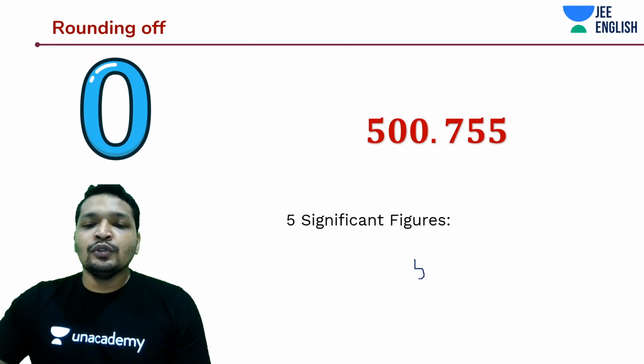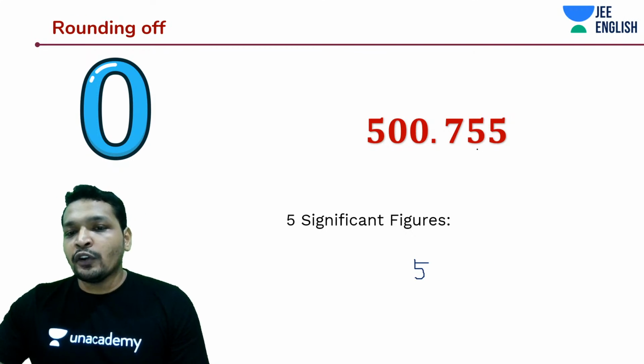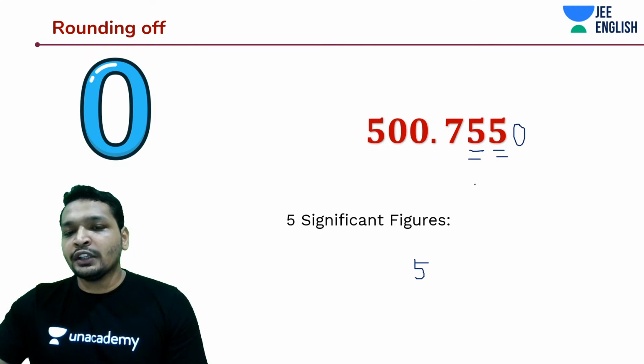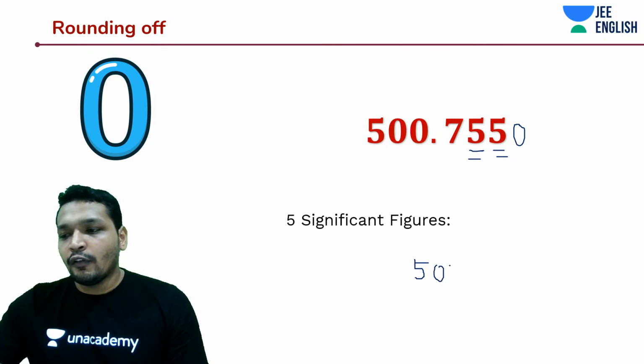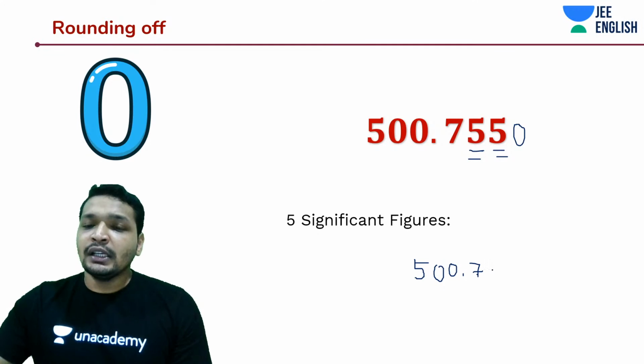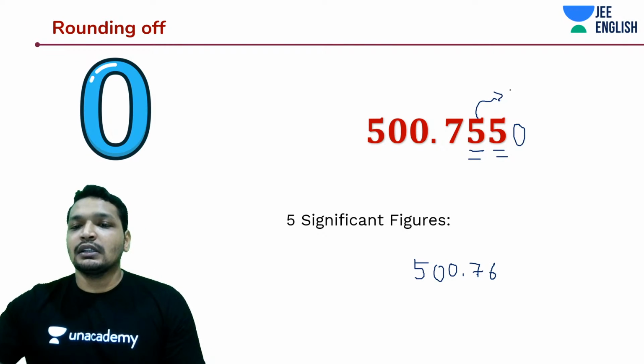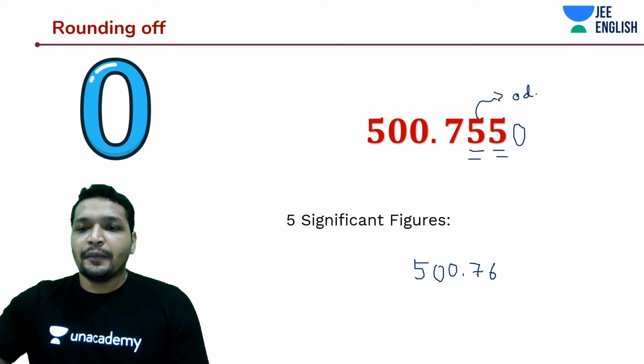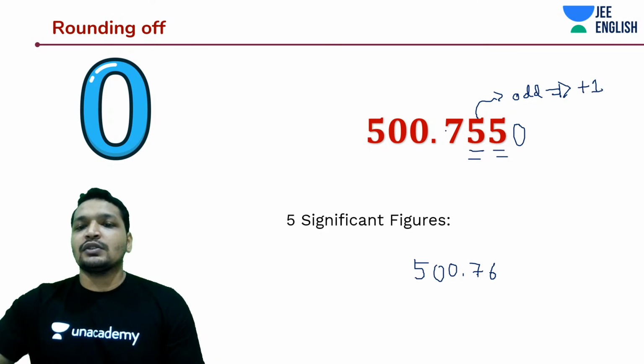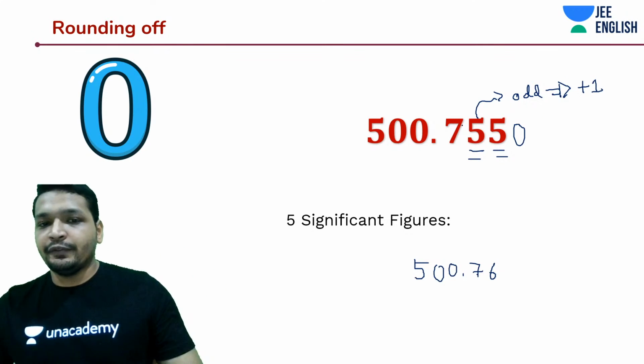You have 5 followed by 5 and again followed by some zeros. So what should it be? 500.76, because this is odd, so you add 1 to it since it is followed by 5.